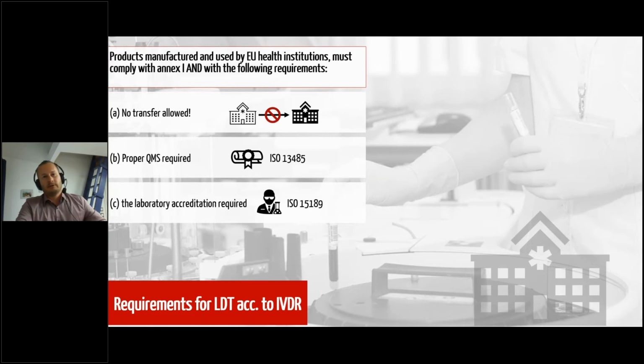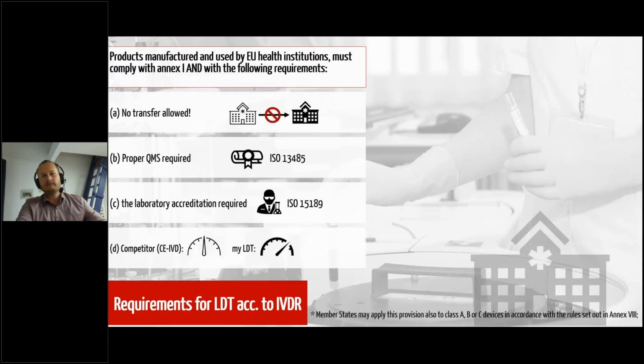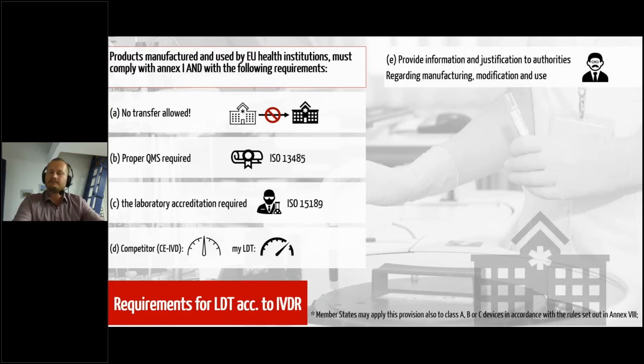The laboratory must anyways be accredited according to ISO 15189. And you need to demonstrate that the competitor CE IVD product does not provide the performance required for the specific patient group that you are targeting. So therefore you need to prove that yours is better suited to fulfill the specific patient requirements.